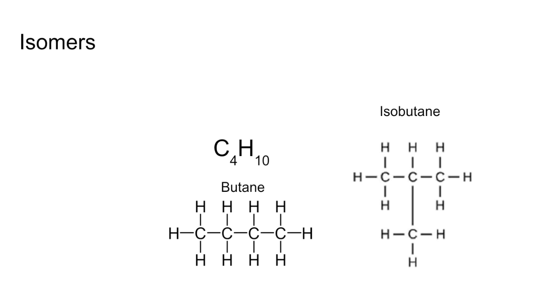And isobutane has the same number of carbons in it, but they're arranged a little differently. They're not all in one straight line. There's one of them that is connected to the center carbon. So now, what would the formula for isobutane be? Can you figure that one out?